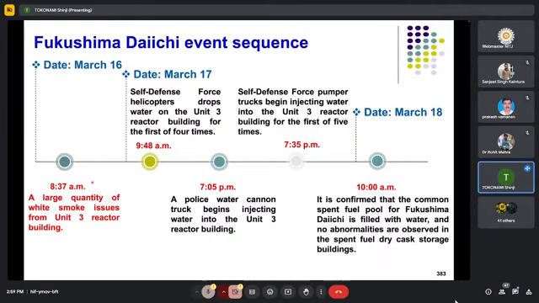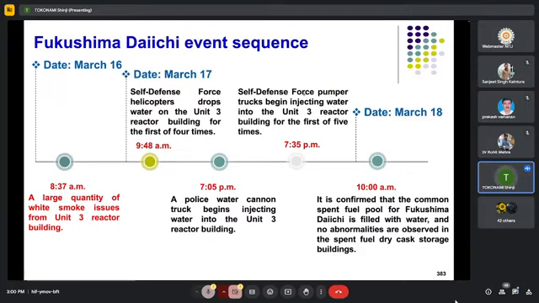On March 16, at 8:37 a.m., a large quantity of white smoke issues from the Unit 3 reactor building. On March 17, Self-Defense Force helicopters drop water on the Unit 3 reactor building for the first of 4 times at 9:48 a.m. At 7:05 p.m., a police water cannon truck begins injecting water into the Unit 3 reactor building.